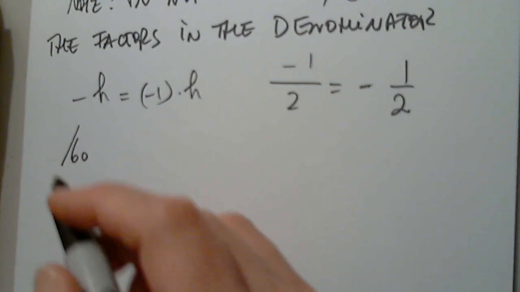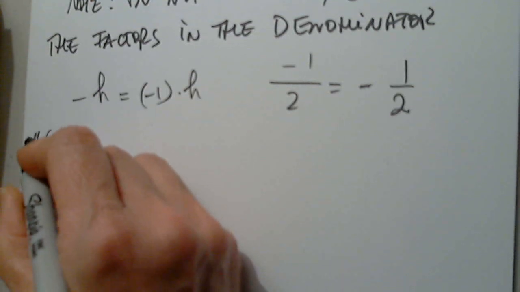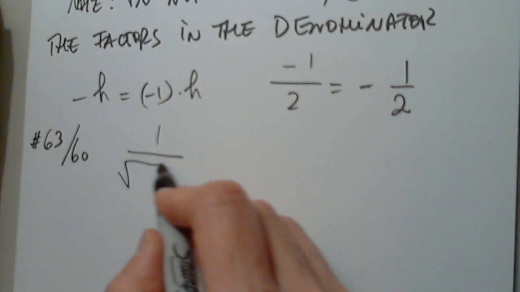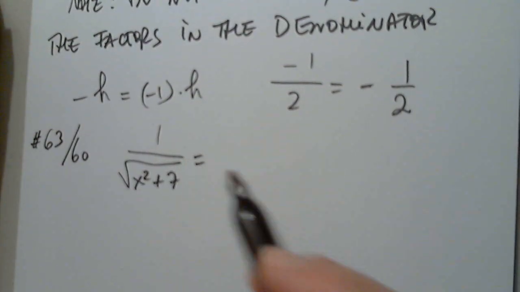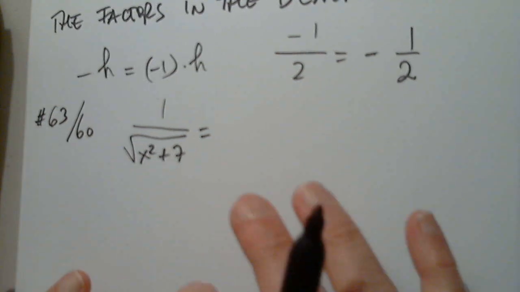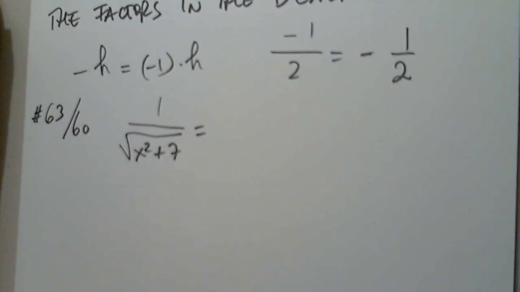So if we look at 63, for example, on page 60, so it's 1 over the square root of x squared plus 7. Any idea on how to change this into something, a base raised to an exponent? And of course, the exponent has to be a fraction because we are talking about a root.